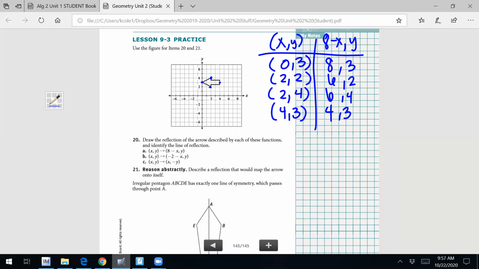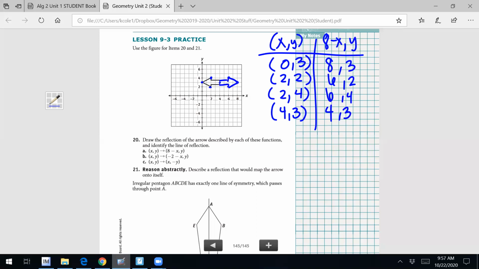No, but it's really similar. Okay, so then we've got (8, 3) as a point. That one was with (0, 3). So that actually is going to be the point of the arrow. Then (2, 2) is now (6, 2). That's the wing of the arrow. Then (6, 4) is the other side of the arrow. And then (4, 3) doesn't change because it's on the line of reflection.